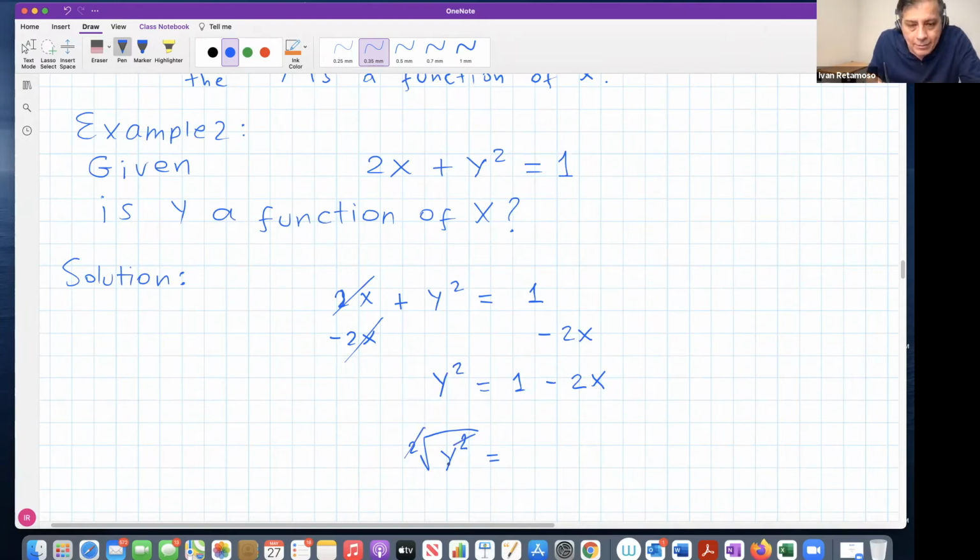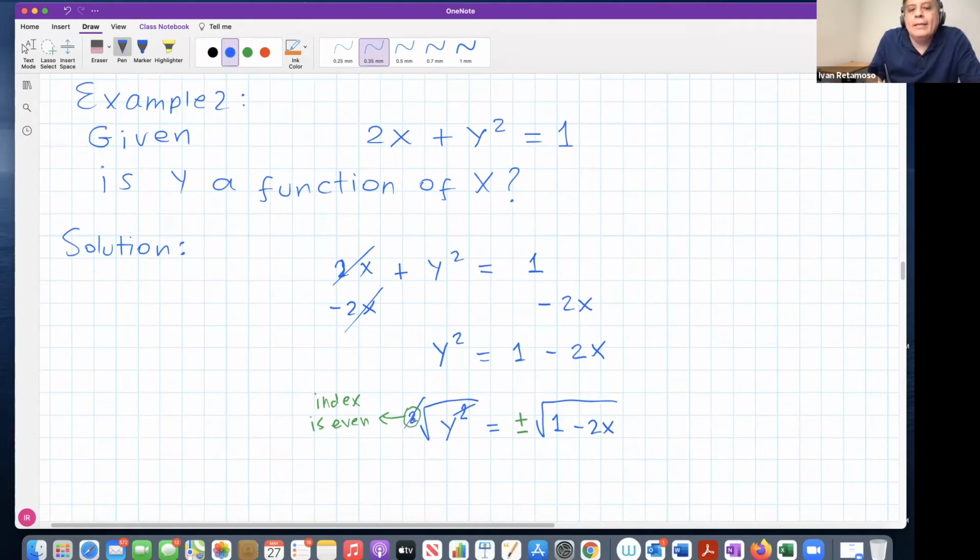But now, guys, doing this comes with a price. It's not free. I will show you. When this index is even, could be a 4, could be a 6, the price you pay for doing this is as follows. You have to attach here plus and minus, a square root of 1 minus twice x, right?